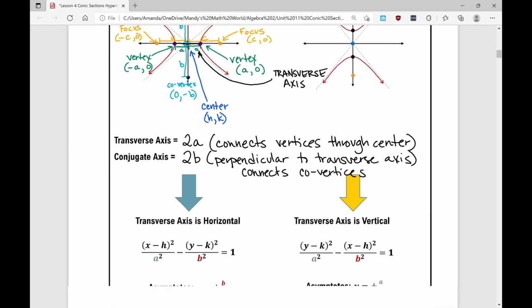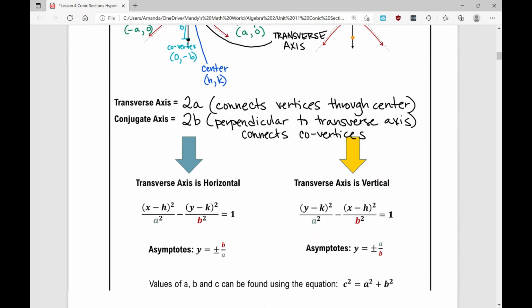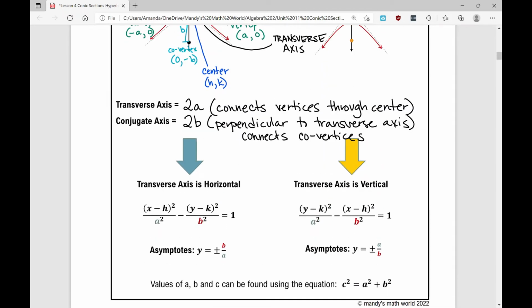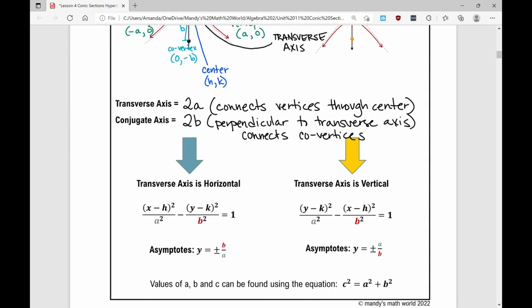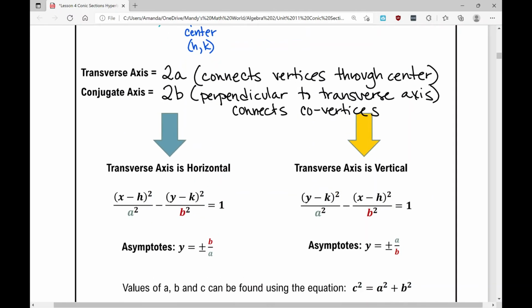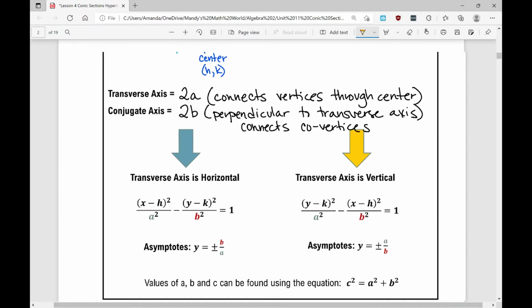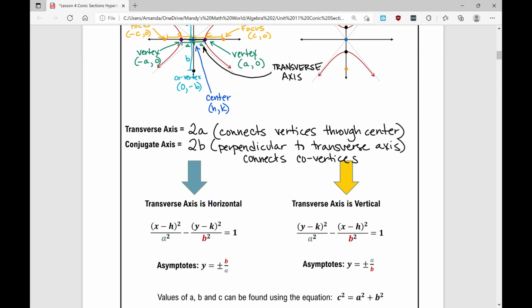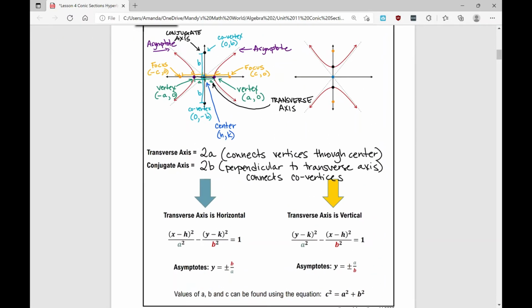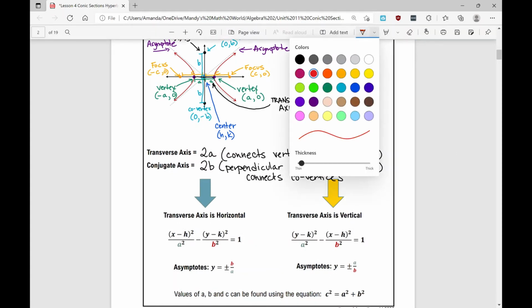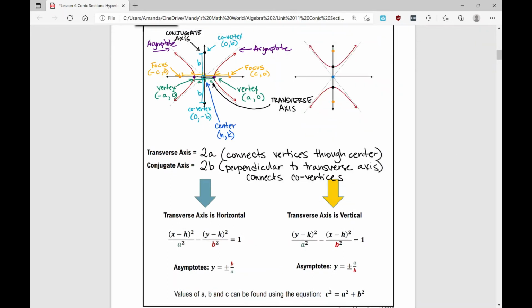Now let's get into when we're talking about equations, right? Because we've got to be able to match an equation with a graph. That's a big thing with conic sections. And obviously your two options were, and I'm going to zoom out so you can really see, and I'm going to change this to red. When my transverse axis is horizontal, I usually do something like this.